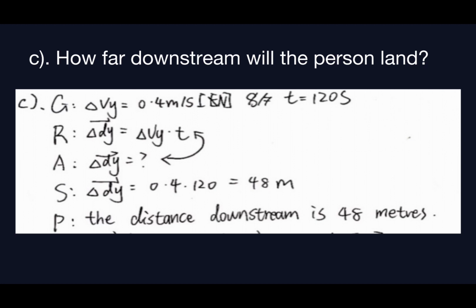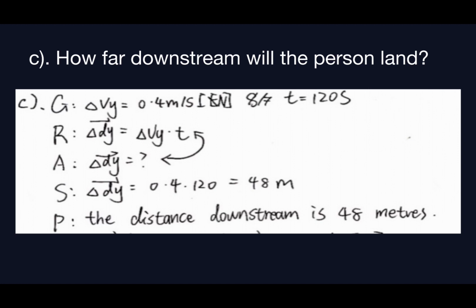Sorry, I made a mistake in writing here. I wrote Vy, but actually it's Vx, and the direction is east and not north. We also know that t equals 120 seconds, and the unknown we want to know is delta dx.